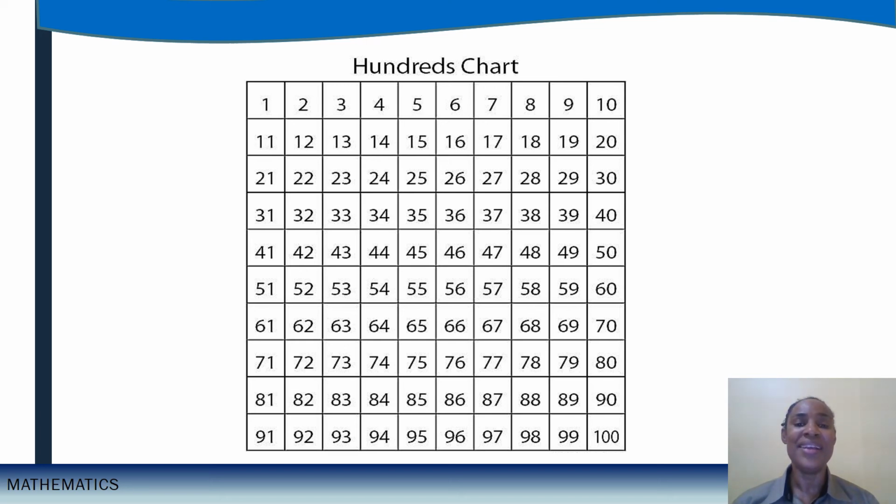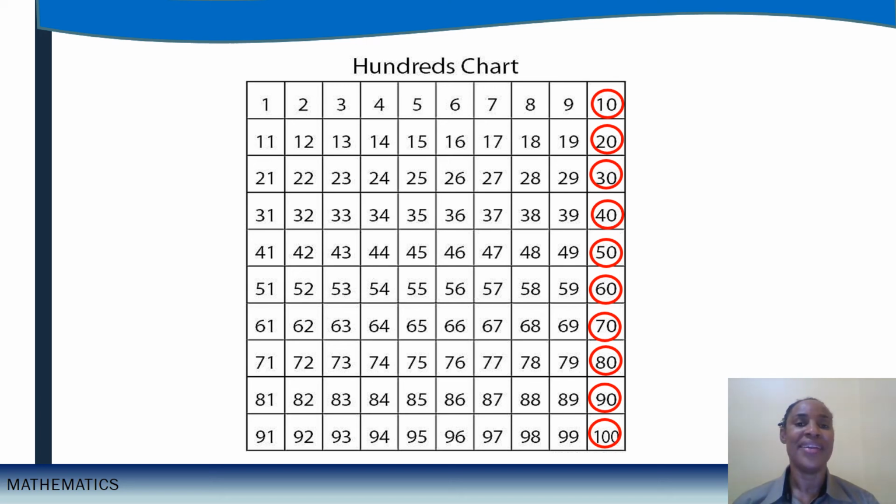Let's call them together. They are 10, 20, 30, 40, 50, 60, 70, 80, 90, 100. And there we have it. The multiples of 10 shown on this 100 chart.